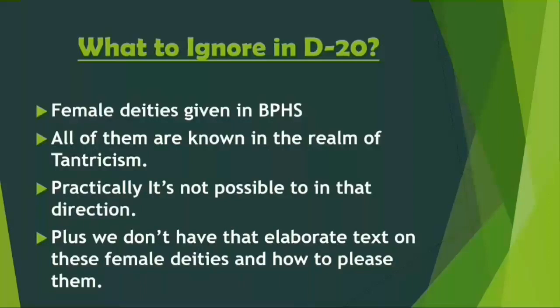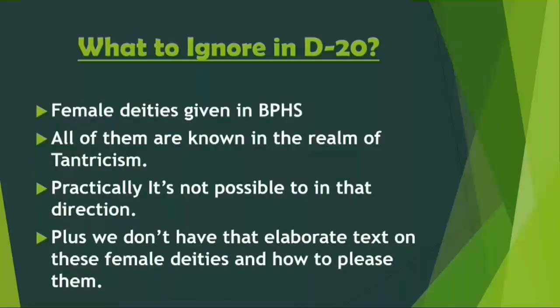Now, if you go through the text given in the Brihat Parashara Hora, there is a list of female deities given according to the odd and even sign and according to the division of the degrees. So there's a list of the ruling deity of the D20 chart, and there's a list of the female deities. What I feel is that it is not relevant to even refer to that chart, because all these deities are actually appreciated in Tantrikism.